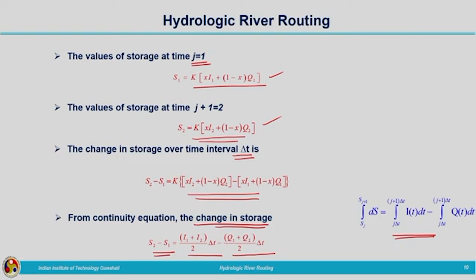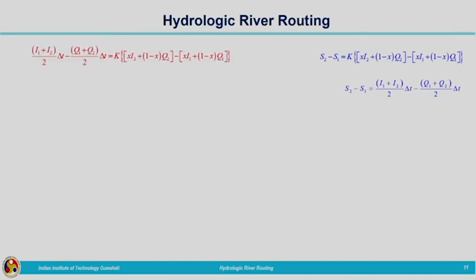Now, we have two expressions for change in storage. One is from the Muskingum storage equation, the second one is from the continuity equation. We will equate both these change in storage functions. So, these two are equated and now we will do the rearrangement of the terms.